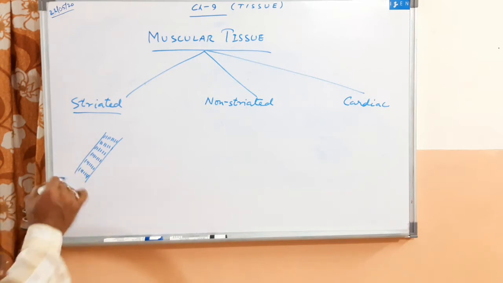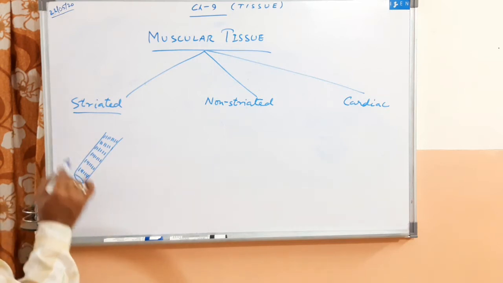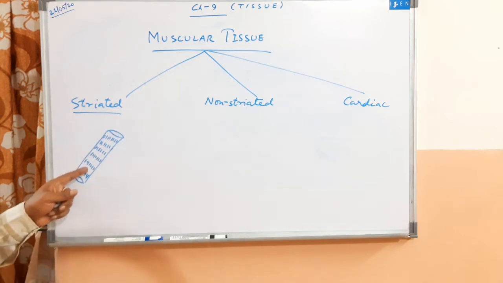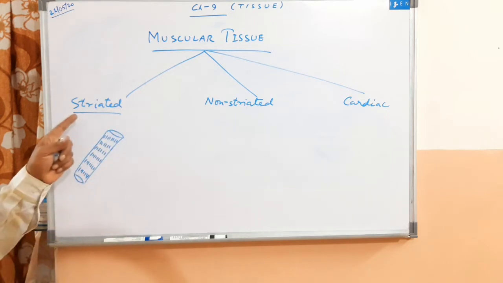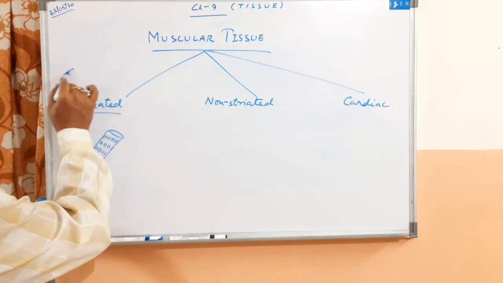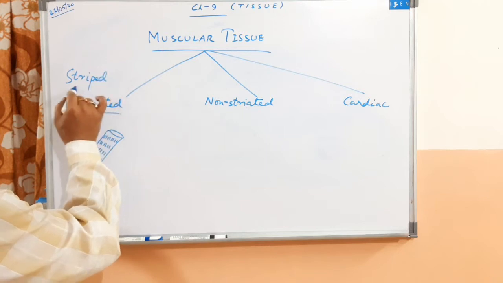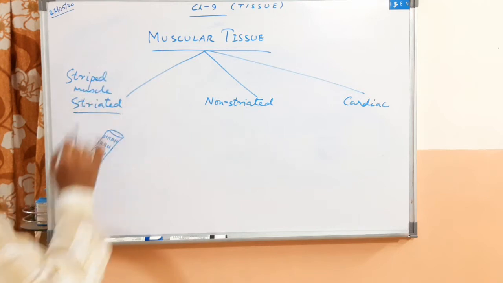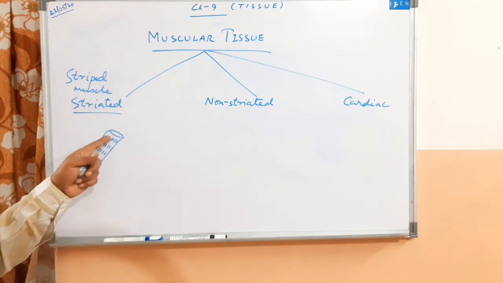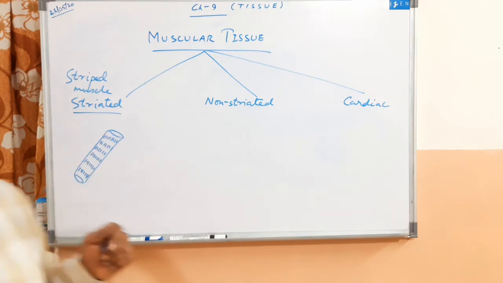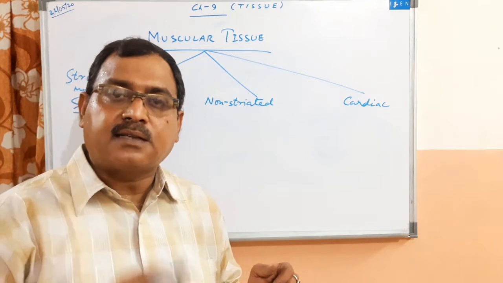Cylindrical, definitely, it is cylindrical in nature. And these are the striations or stripes. That is why striated muscle is also called striped muscle. You will find alternately light and dark bands.